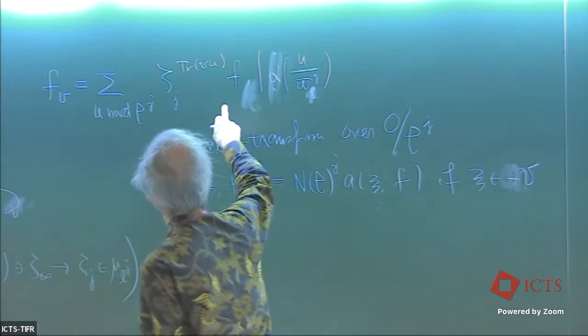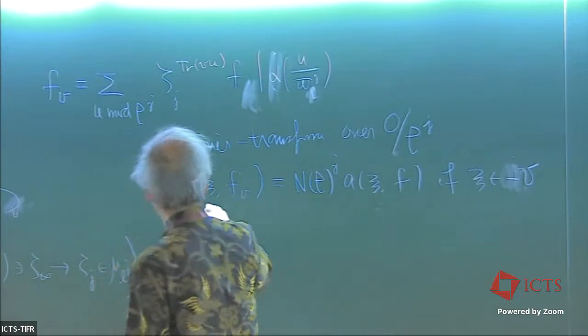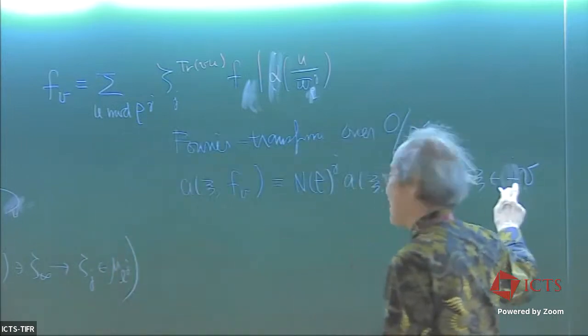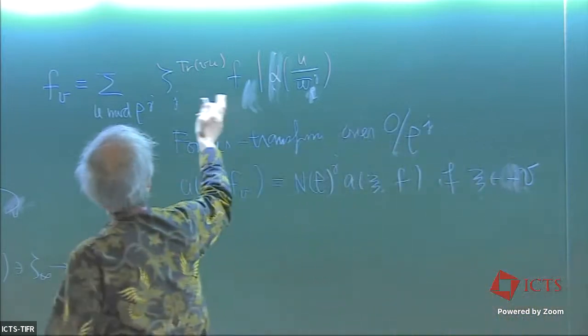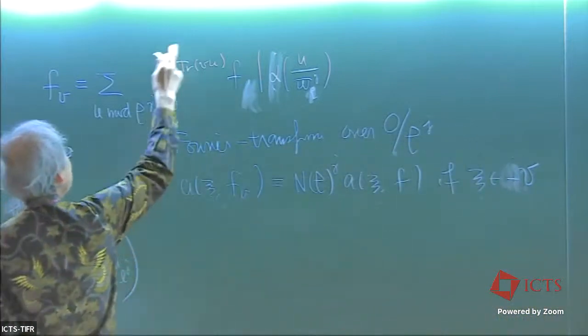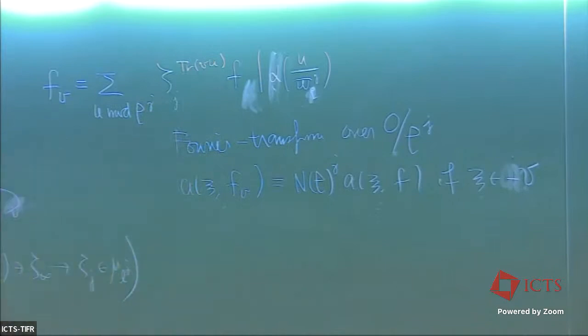And this cusp form has only coefficients for psi in the class of minus V. This is just an averaging by applying the Fourier transform. Then only V minus V things survive. All right, this is the kind of scheme.